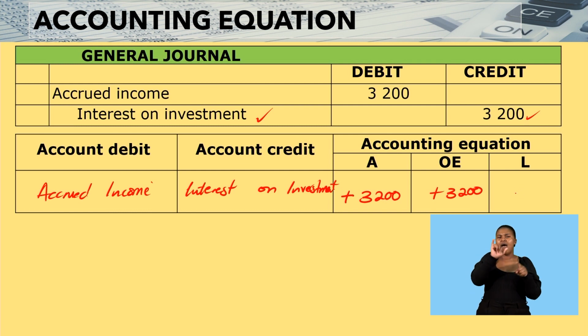It will not affect my liabilities, therefore it becomes 0. Dear learners, after you have done this, this is how you can do the accounting equation when getting information from the general journal.